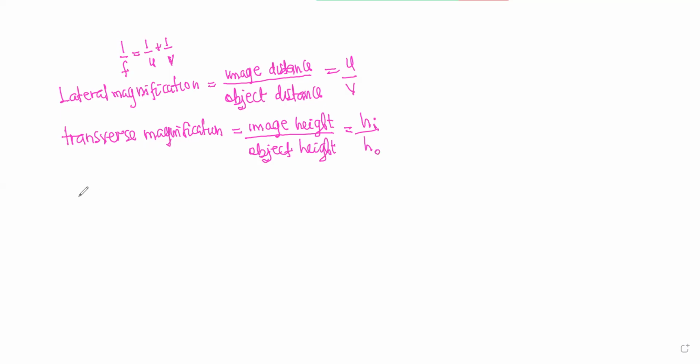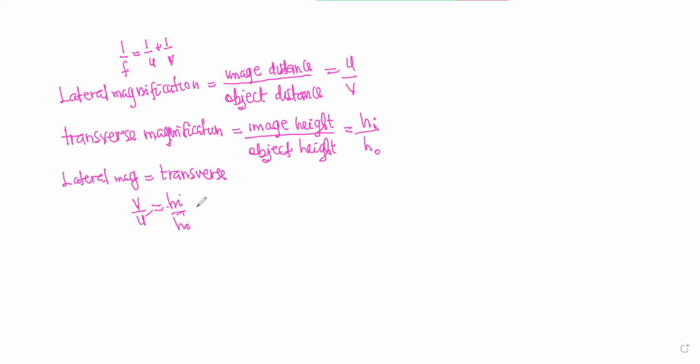Okay. Then experiment and theory or geometry has proven that lateral magnification is always equal to the transverse magnification. And so we conclude that V over U is equal to HI over HO.